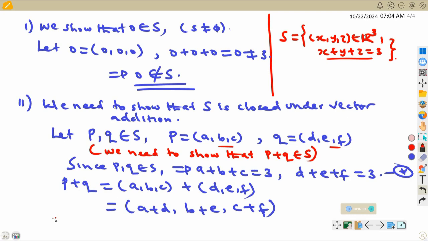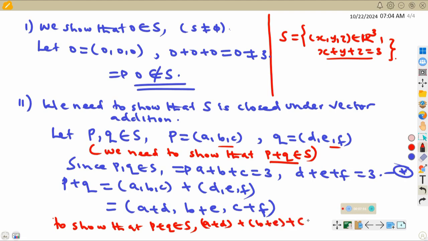To show that P plus Q is an element of S, you must show that a plus d plus b plus e plus c plus f, when you add these components, you must be able to get 3.